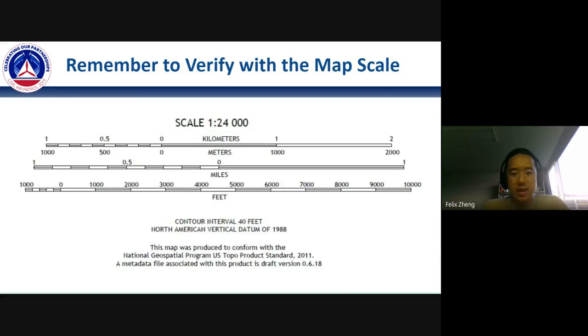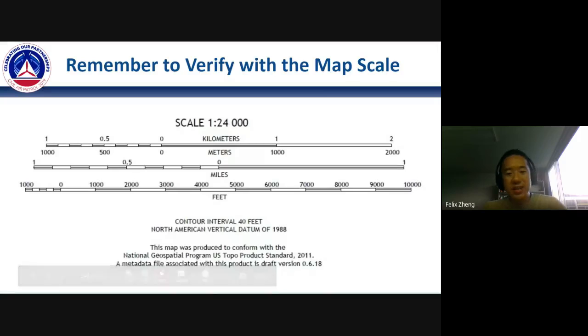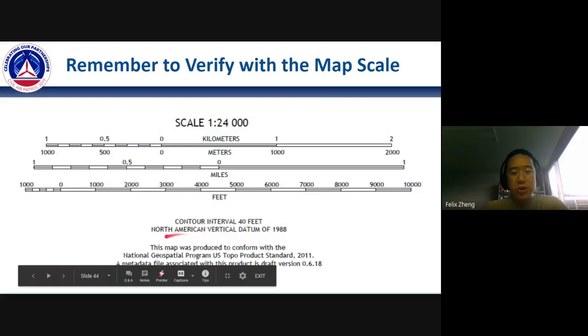Along the same lines, this is less of an issue now, but there's also the issue of datum. If you're using latitude and longitude, the datum has to do with how those latitude and longitude lines are spaced out and represented on your map. You'll see this one is NAD, or North American Vertical Datum of 1988.